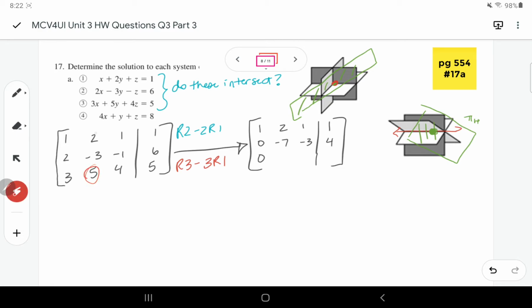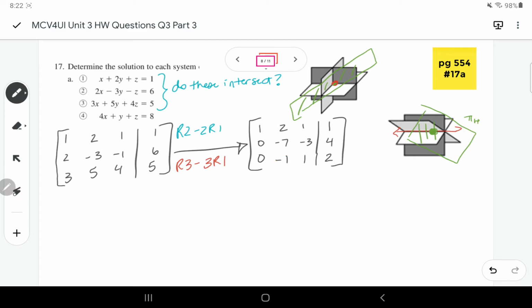Then 5 minus 3 times 2, so 5 minus 6 is negative 1. 4 minus 3 times 1 is 1. And 5 minus 3 times 1 is 2. Now the next thing, I want to get a 1 here, and I really don't want to have to divide that mess by 7, but I do see that I've got a negative 1 there.